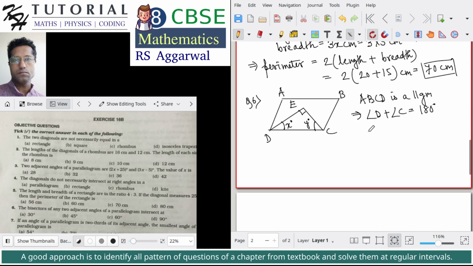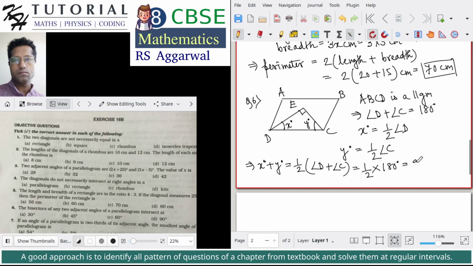Now x degree is nothing but half of angle D, and y degree is nothing but half of angle C, since DE and CE are the bisectors of the angles D and C. So this implies x degree plus y degree is equal to half of angle D plus angle C, which is half of 180 degrees.